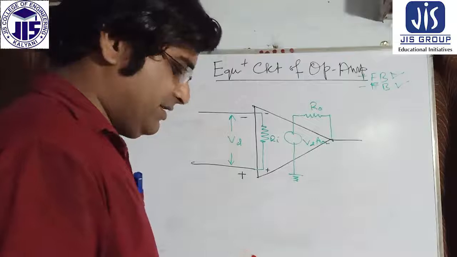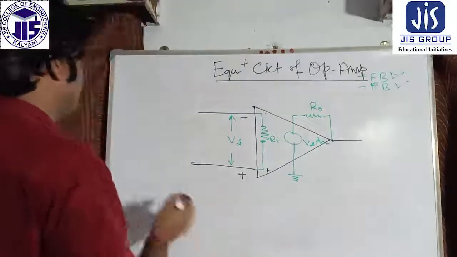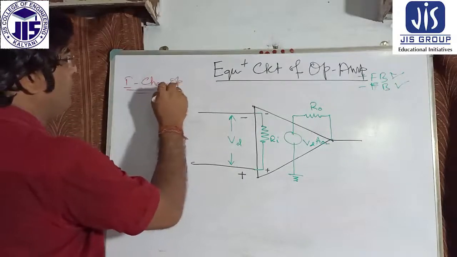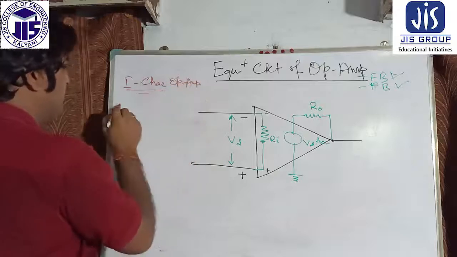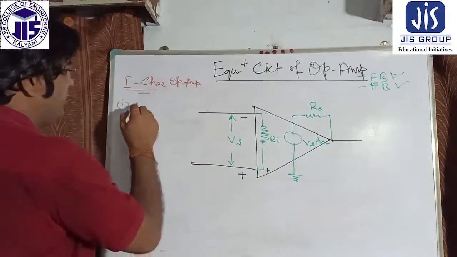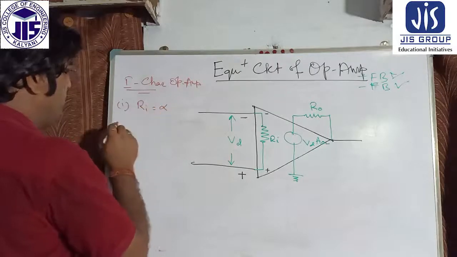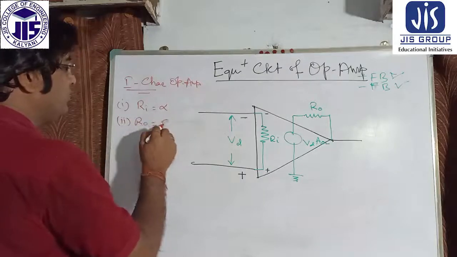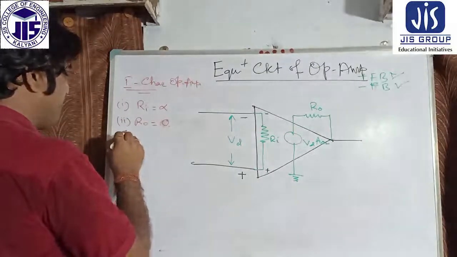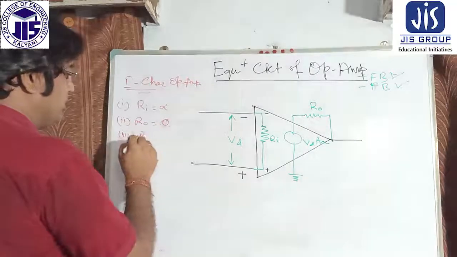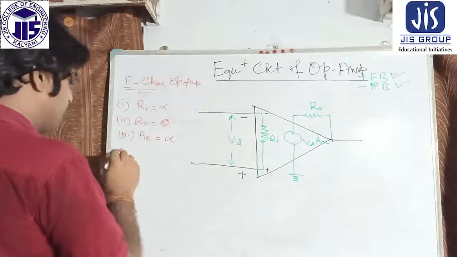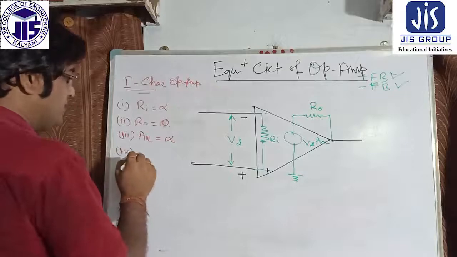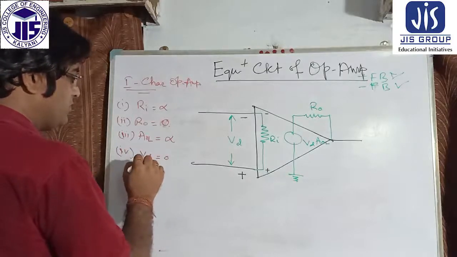We have already studied the ideal characteristics of op amp, and there we have studied the input impedance Ri equals infinite, output impedance R0 equals 0, the open loop gain is infinite, and Vd equals 0.